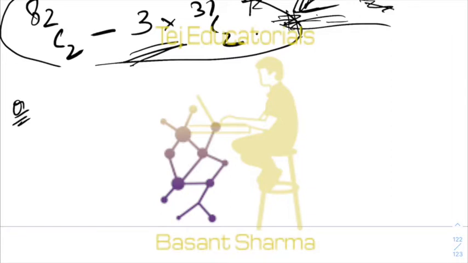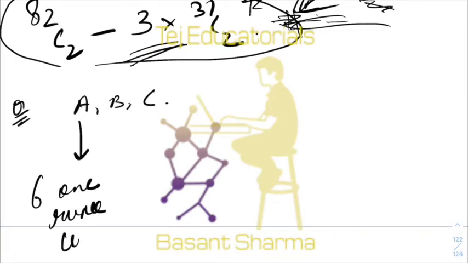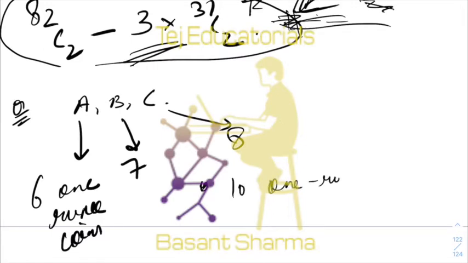Suppose you have three persons, A, B and C. Now suppose A has 6 one rupee coins, B has 7 and C has 8 one rupee coins. And the question is, in how many ways can they donate 10 one rupee coins?